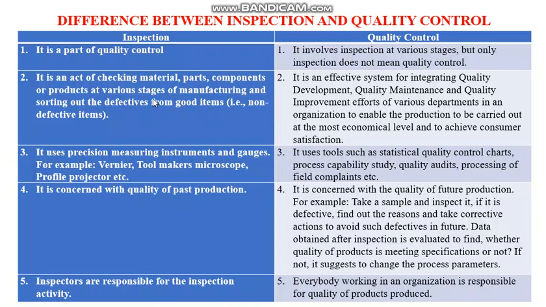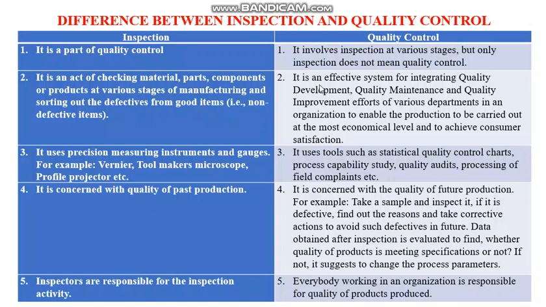If you come to the second difference, inspection is checking the materials, checking of the parts, the components or products at different stages of manufacturing and finding out the defective parts and segregating them from the good parts or the non-defective parts.